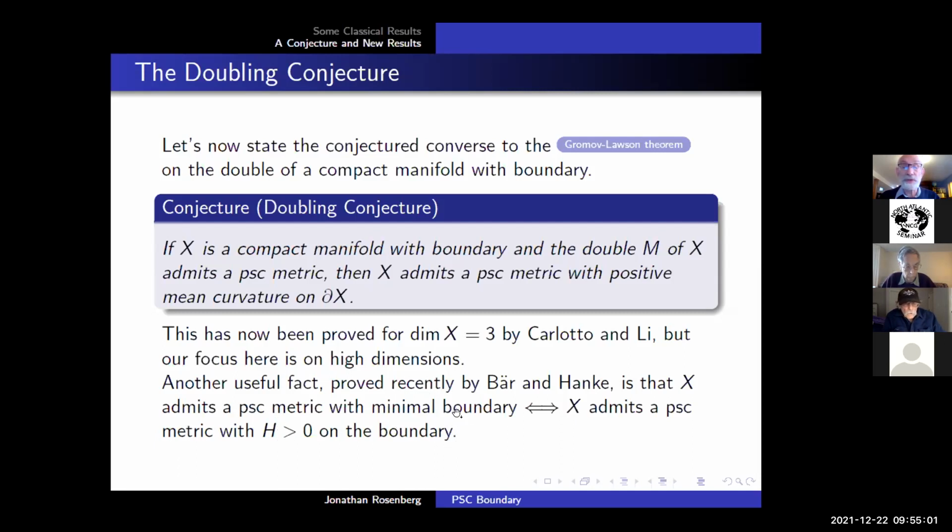Minimal boundary, I'll remind you, just means the mean curvature of the boundary is equal to 0. So in other words, if the mean curvature is 0, you can perturb it to be positive, and if it's positive, you can perturb it back to be 0. That's basically what Bär and Hanke proved. That's a highly non-trivial theorem, and it's a very interesting paper of theirs, which I would recommend. But anyway, this is what they proved.